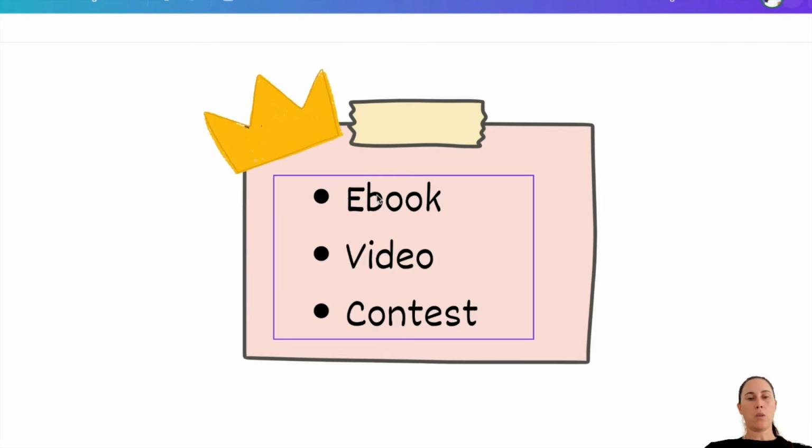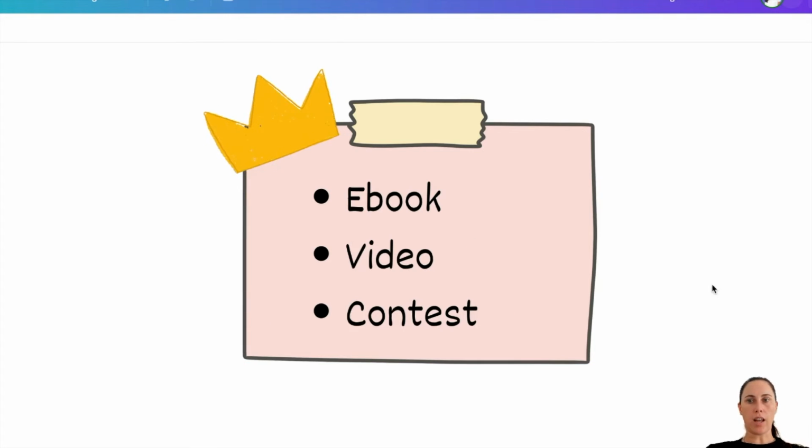So with these lead magnets, there's obviously the ebook, which is one that I just showed you. You can offer a video or a course in exchange for somebody's email address. And the last thing is you can have a contest. Now the contests are really cool because they are like a viral contest. So let me show you what something like these would look like.